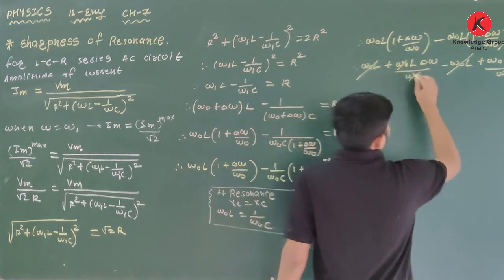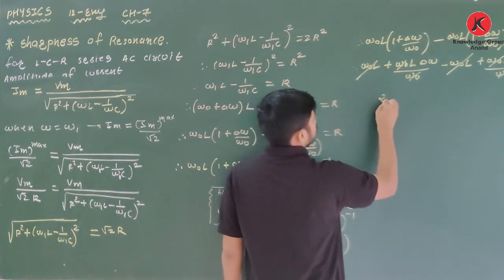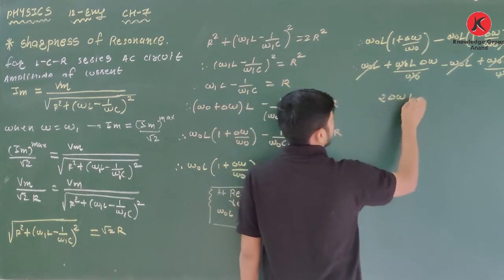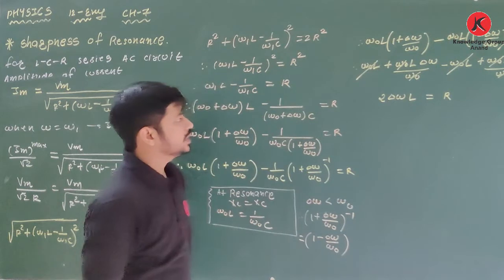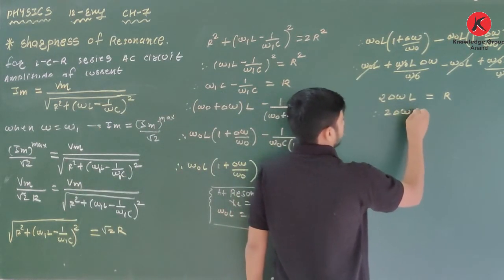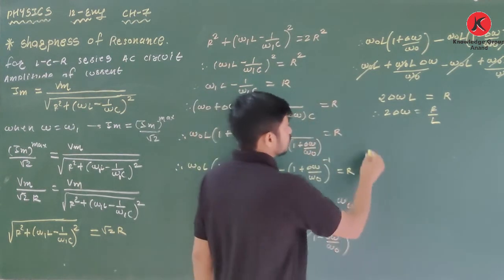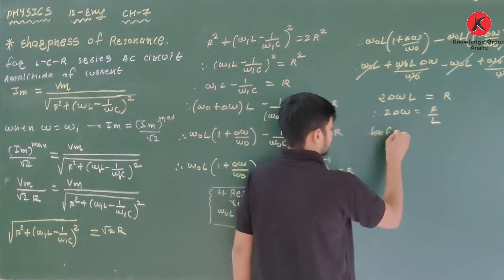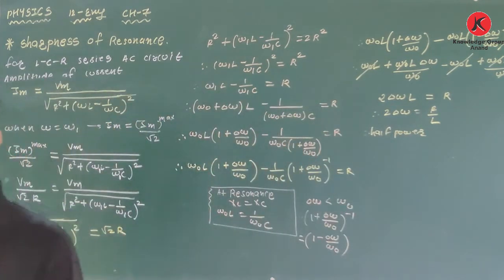Omega 0 cancels, so that is 2 delta omega L is equal to R. Therefore 2 delta omega is equal to R upon L, which means half power bandwidth is equal to R upon L.